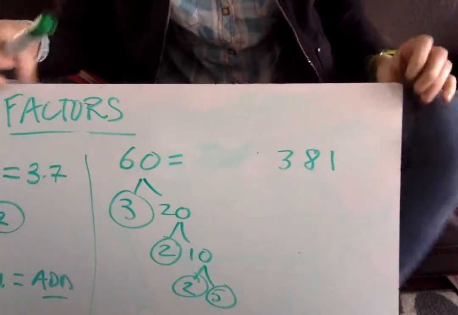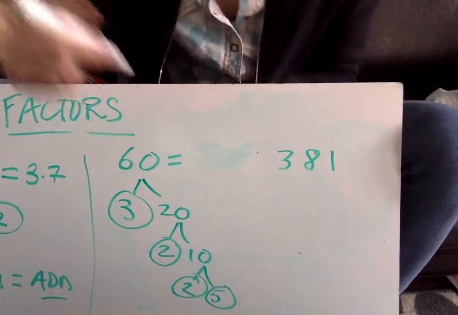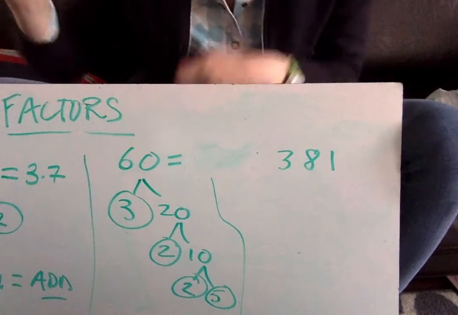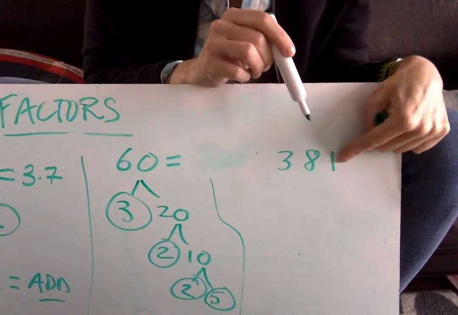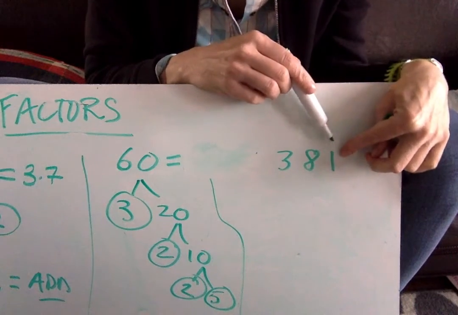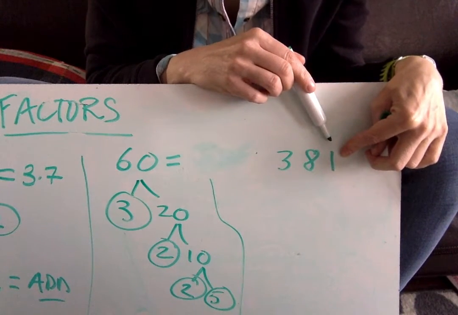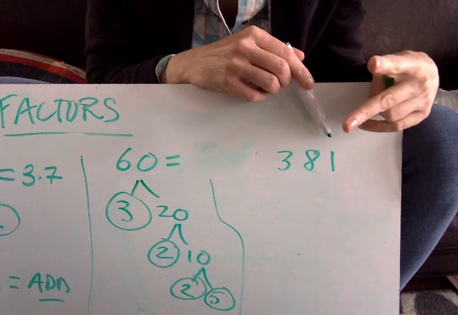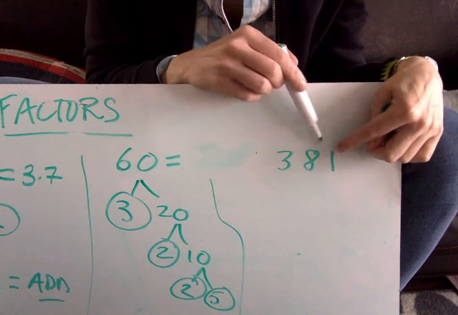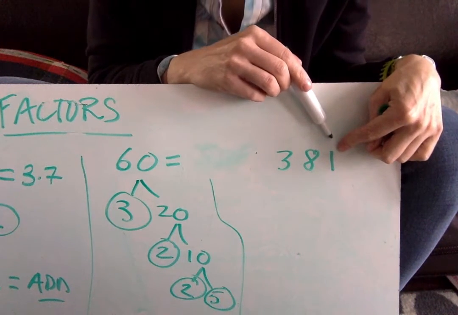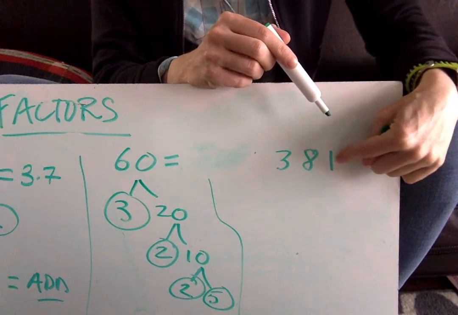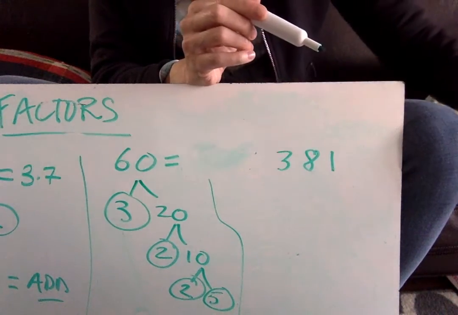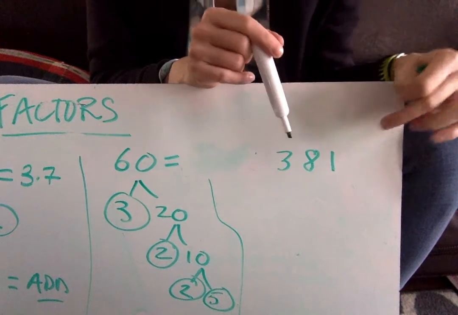So, 381. Let's talk about our divisibility rules. Let's just see, because this is a mess of a number. It ends in an odd number, which means we cannot divide it by 2. In fact, we can't divide it by any even number.